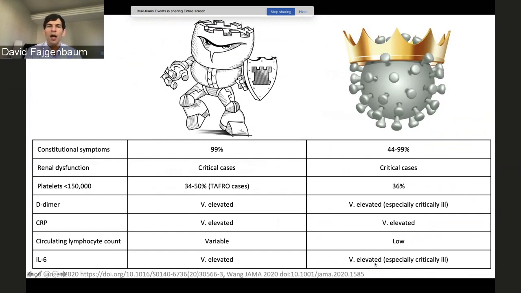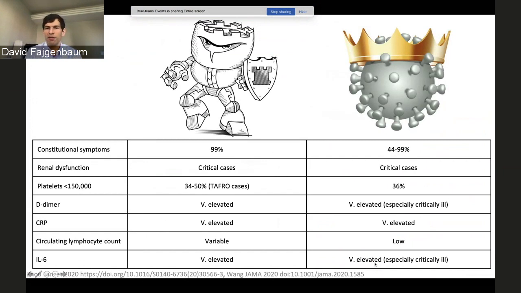Interestingly, about 1/3 of iMCd patients and about 1/3 of these really severe COVID-19 patients will have thrombocytopenia. The etiology is a bit unknown, but in Castleman's, we believe it to be autoantibody-driven thrombocytopenia. Very elevated D-dimers in both groups, especially the most critically ill, very elevated C-reactive protein levels in both groups, again, especially the most critically ill.